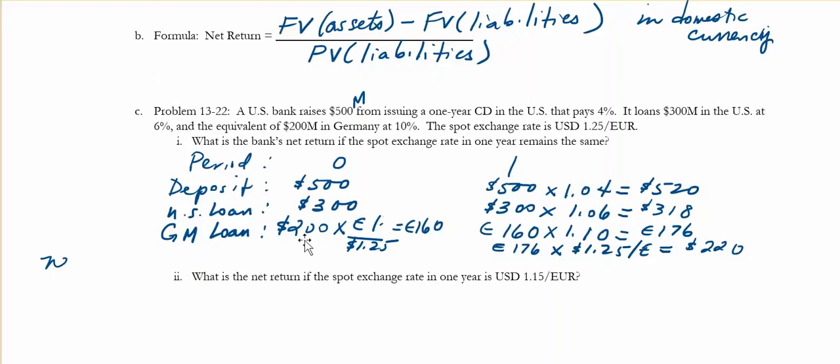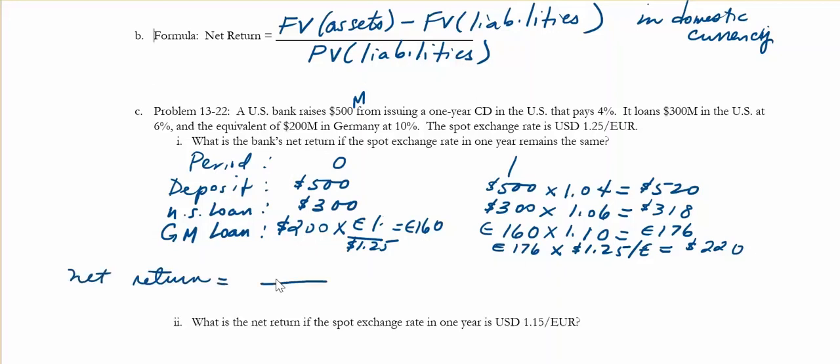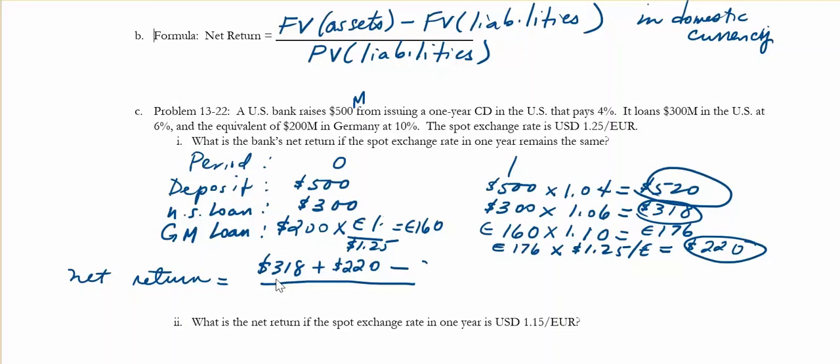So the net return will be 318 from the US, 220 from Germany, and then you have to pay back 520 from the US deposits, and you were working with $500 million.